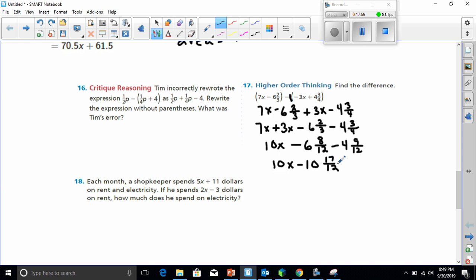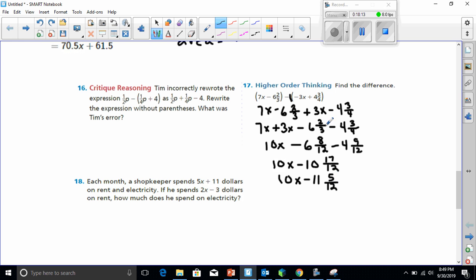Well, 12 goes into 17 once with 5 left over. So this can really turn into 10x minus 11 and 5 over 12.